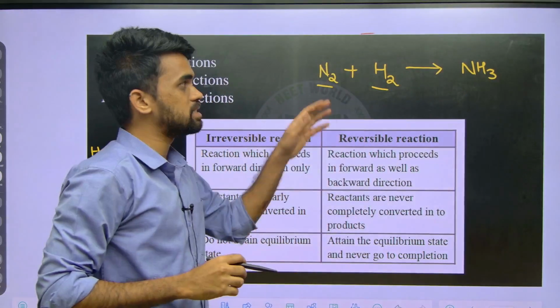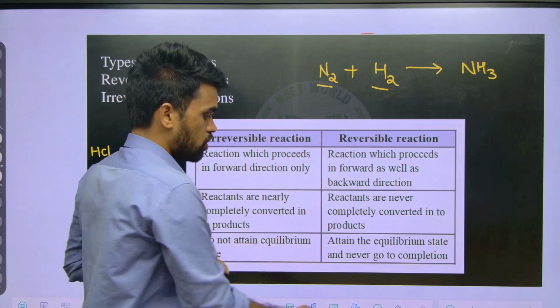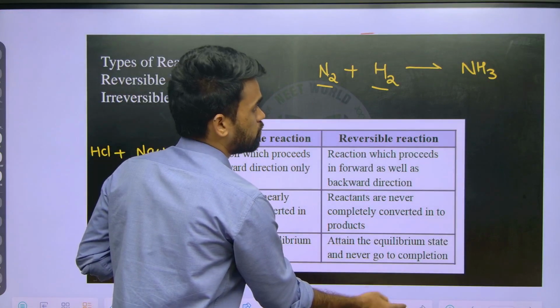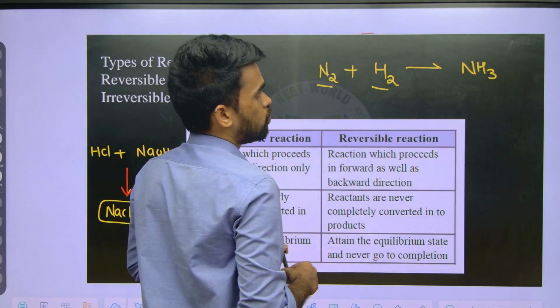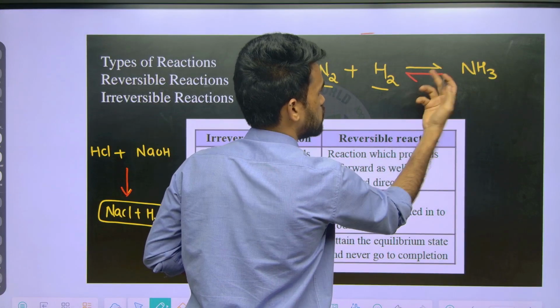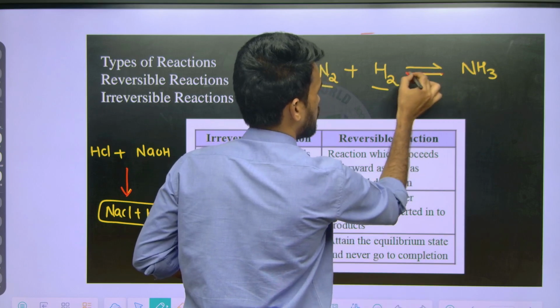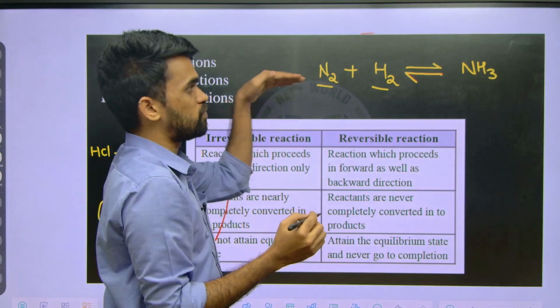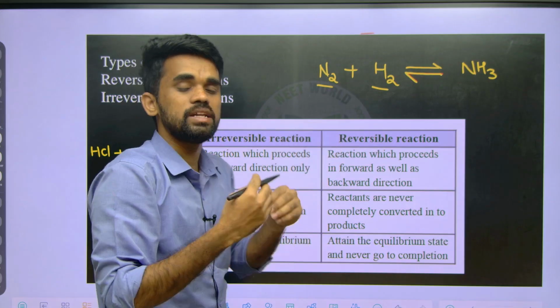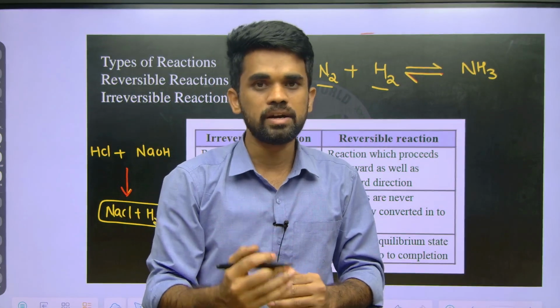If I write like this, this is a forward reaction, only one direction. But after some time, once ammonia is formed, the reaction goes in the backward direction also like this. If a reaction goes forward and backward, then you can call it a reversible reaction.